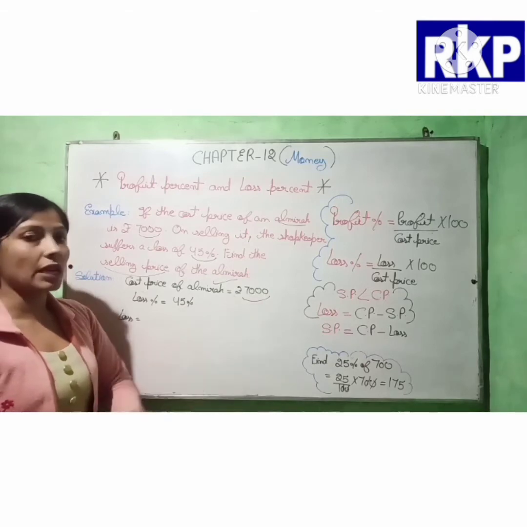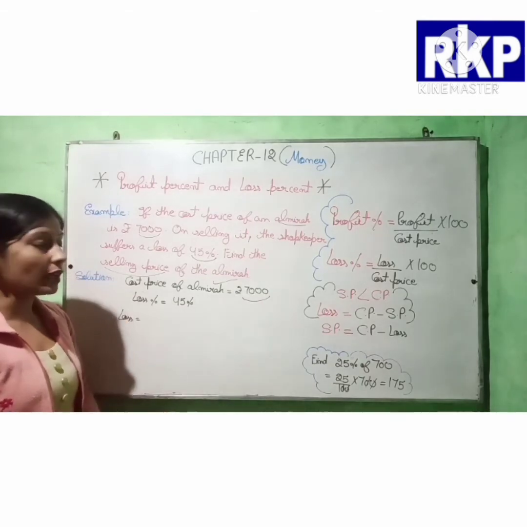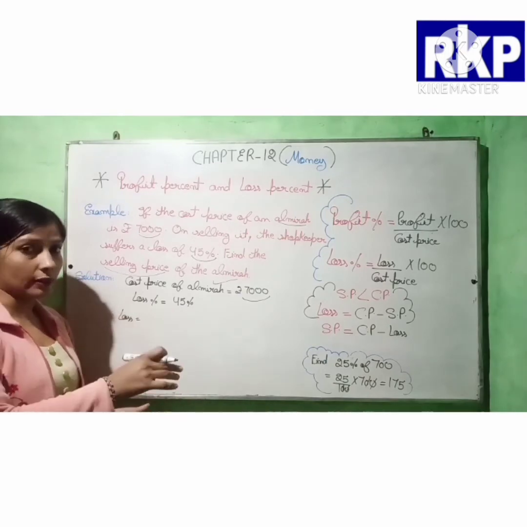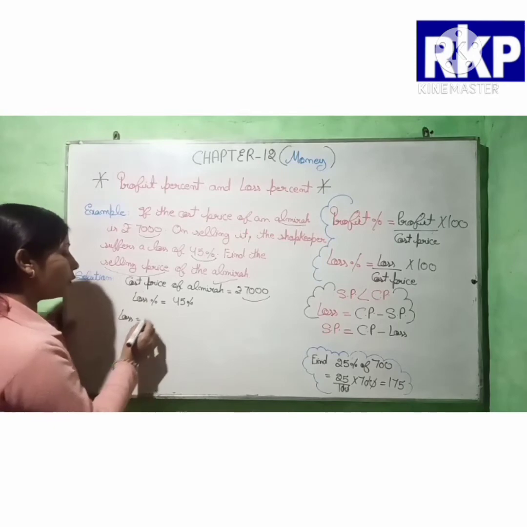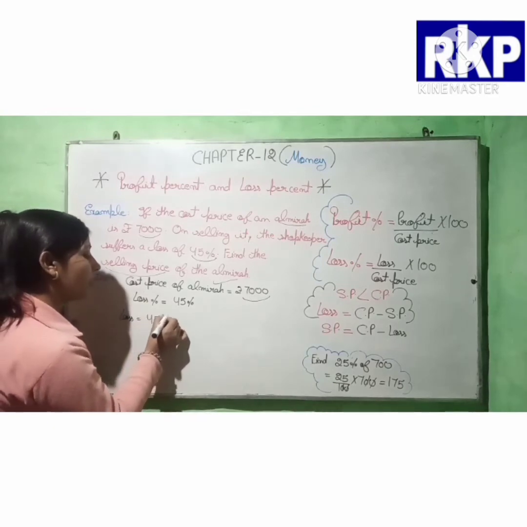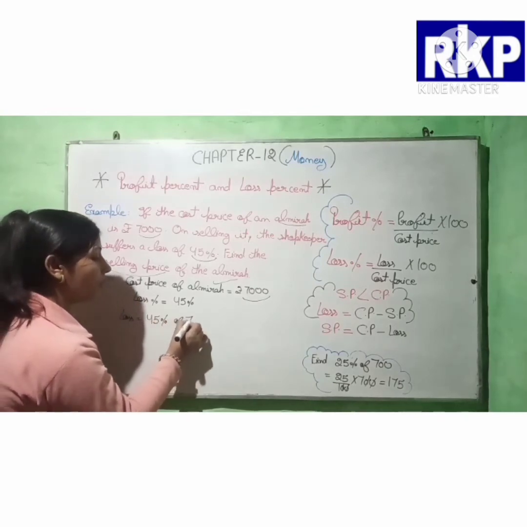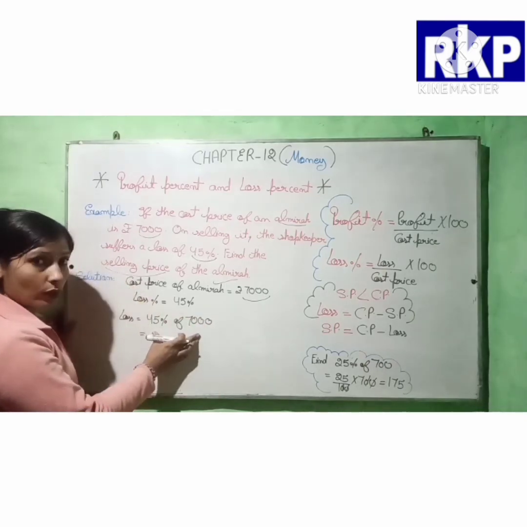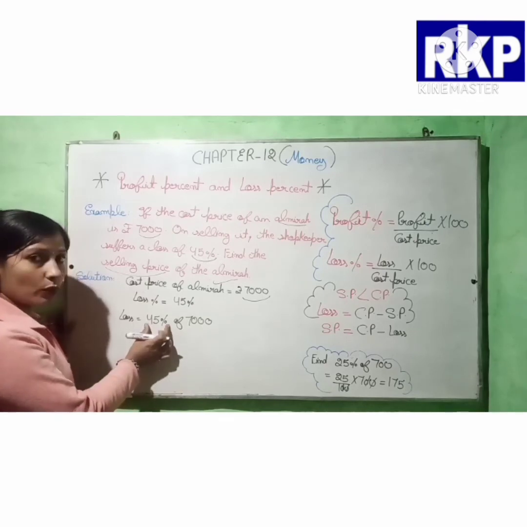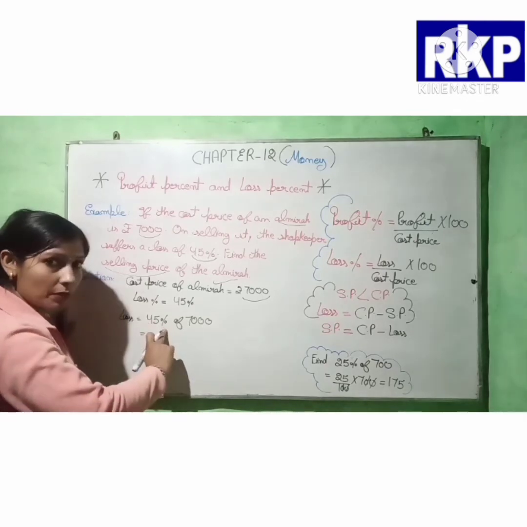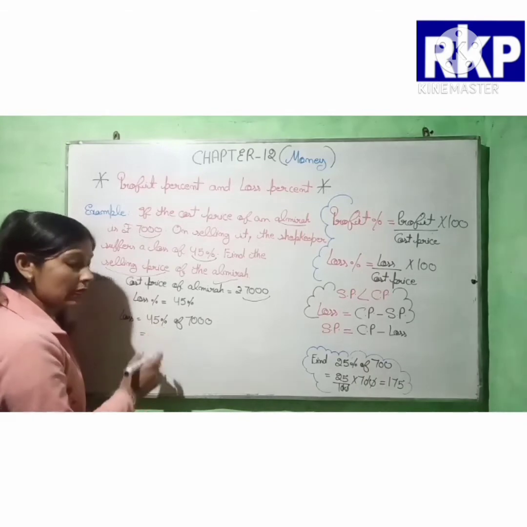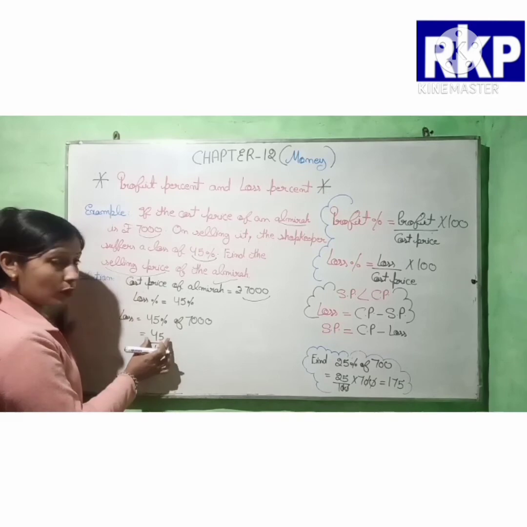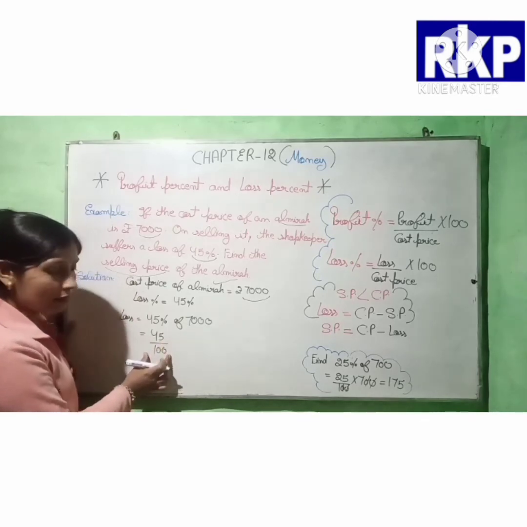Okay, so what will be loss? 45% of 7,000 rupees. Okay, 45% means 45 out of 100. Okay, so here we have to write 45% of 7,000. And how can we solve it? Yes, here first of all we have to remove this symbol. 45% means 45 out of 100, or you can say 45 by 100.